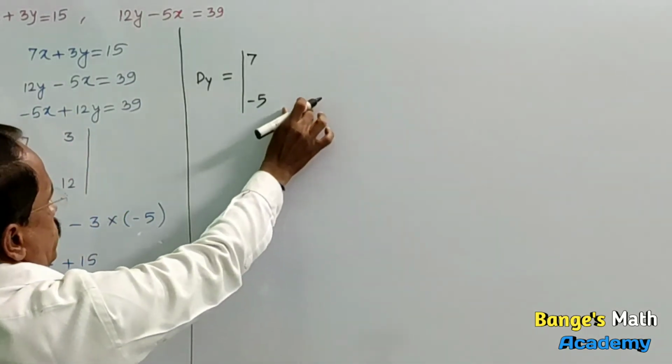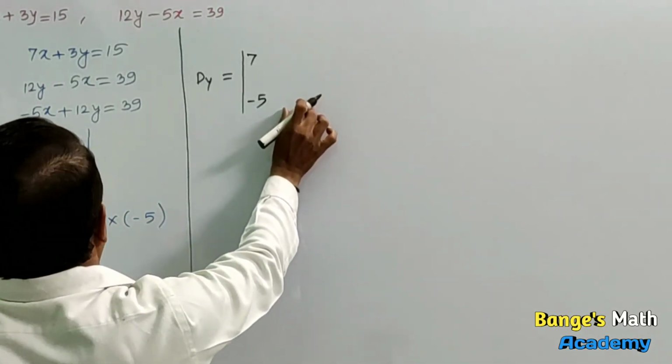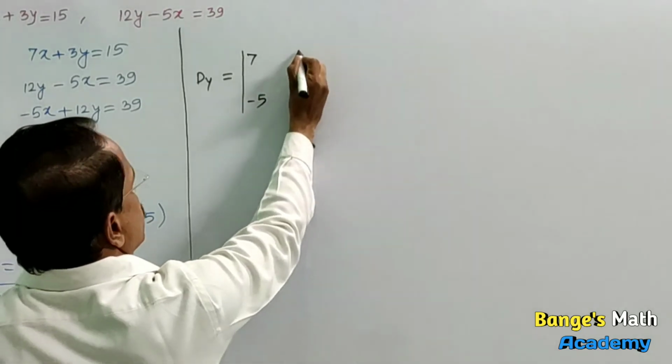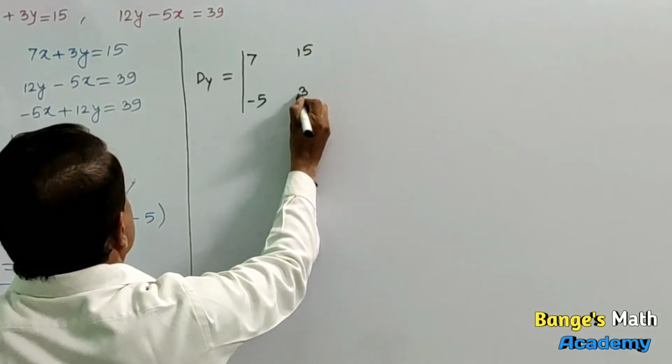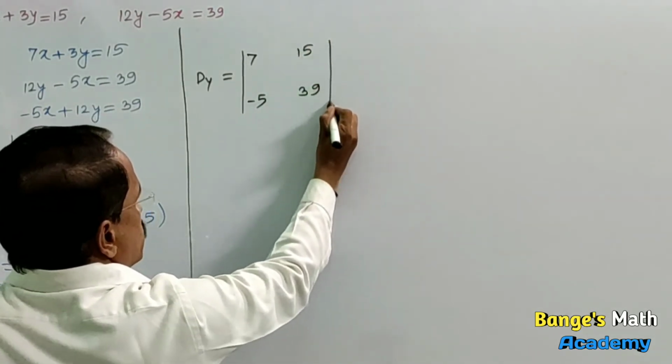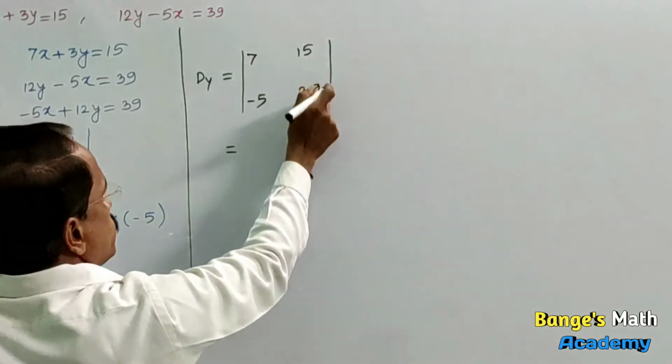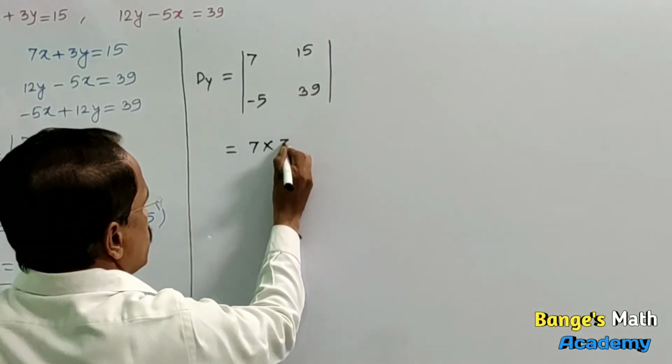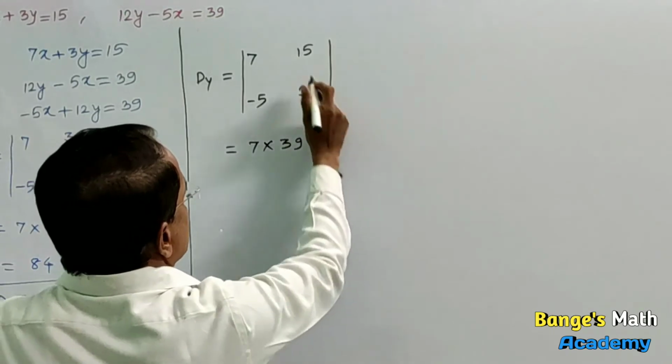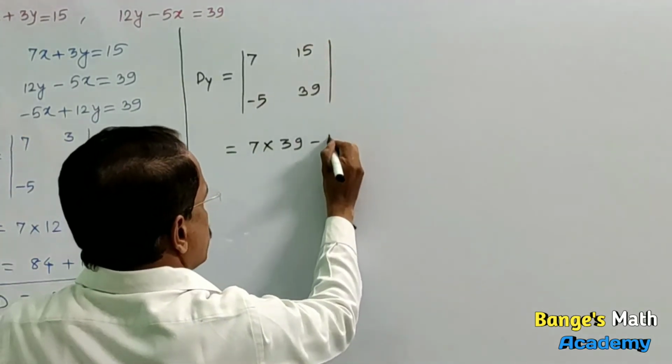In second column neglect coefficients of y and replace it by constant term: 15, 39. Simplify this. 7 into 39 minus 15 into minus 5.